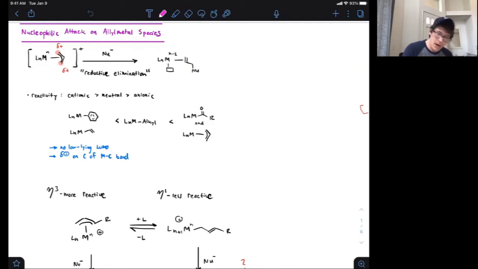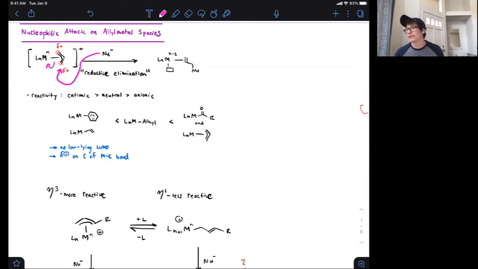in a metal-allyl complex, typically the terminal positions are where the partial positive charge accumulates, and then upon nucleophilic attack, if you push electrons, the metal actually gets reduced, such that the product that is formed, or the intermediate, if you're talking about a catalytic cycle, is a metal alkene complex that is now in the n-2 oxidation state.